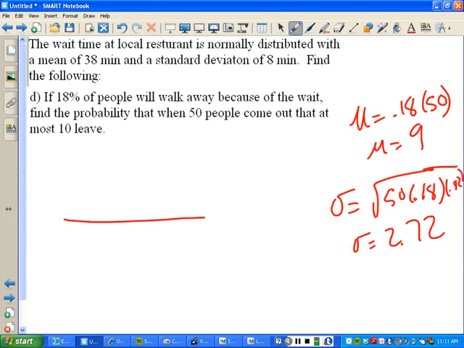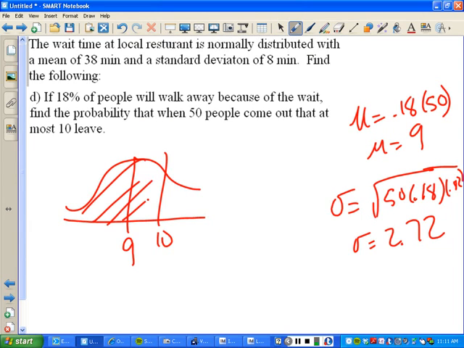So the average is 9. Here's 9. At most 10. 10's on this side. At most 10 means up to and including 10, yes? Yes. So you want to include 10.